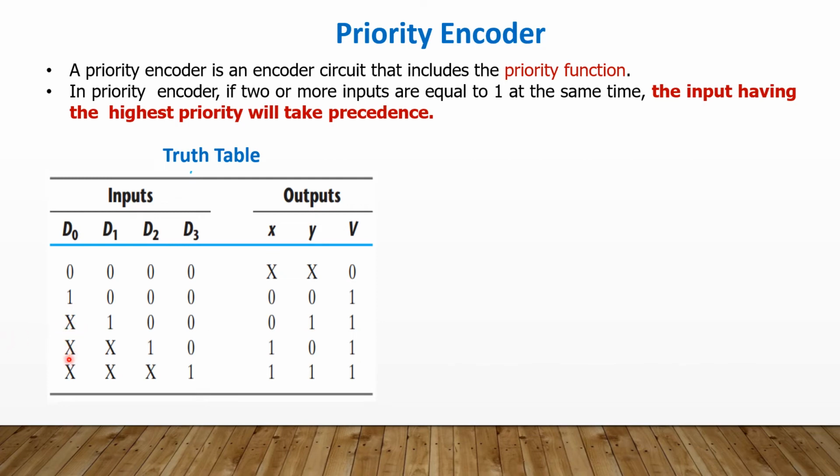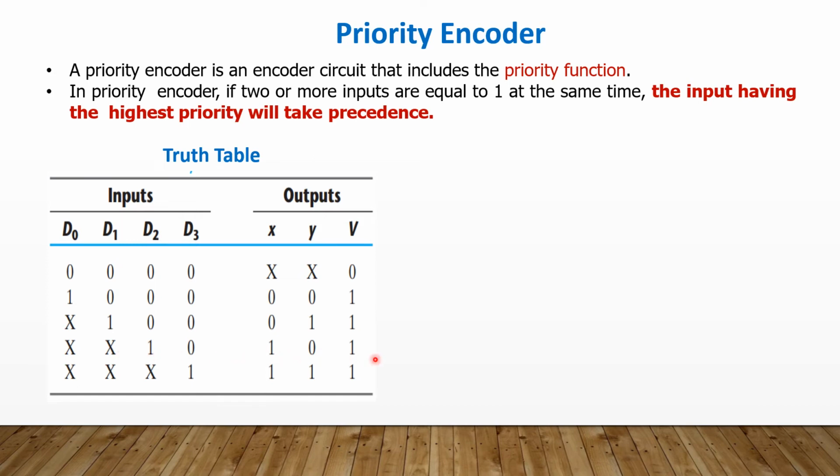Similarly, in the next row, X and D2 is equal to 1. Suppose assume that 1, 1, 1. If it is the case, that is more than one input is active at a time, again it will compare all three inputs. By comparing D0, D1, D2, obviously D2 has the highest priority. So it will take D2 is equal to 1 as an input, so that the corresponding output will be 1, 0.